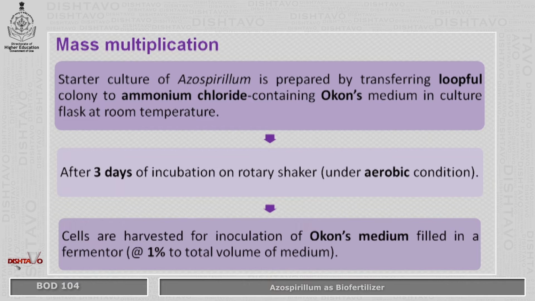The starter culture of Azospirillum is prepared by transferring a loopful of colony to ammonium chloride containing Okon's medium in a culture flask and maintained at room temperature. After 3 days of incubation on a rotary shaker, which provides aerobic conditions, cells are harvested for inoculation of Okon's medium filled in a fermenter at the rate of 1% of total volume of medium.